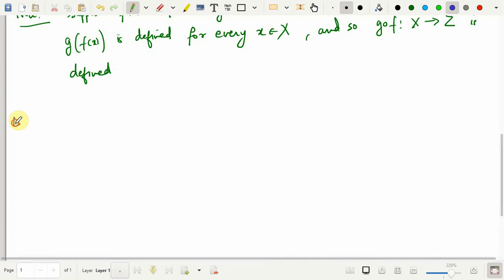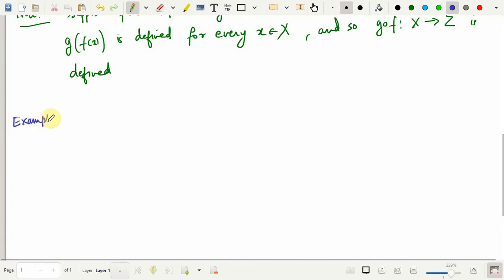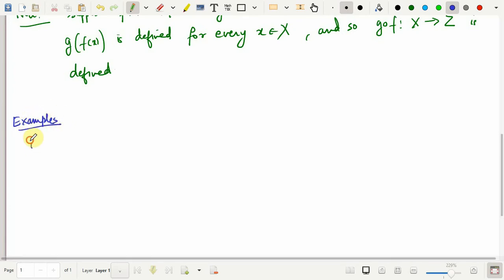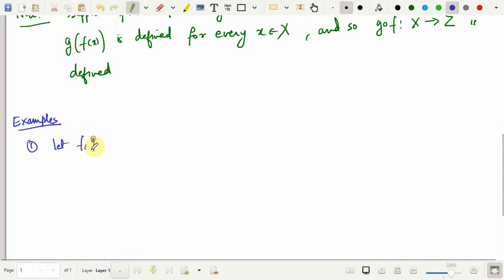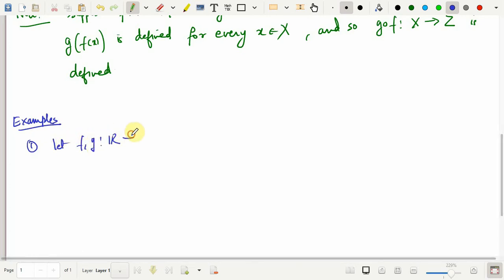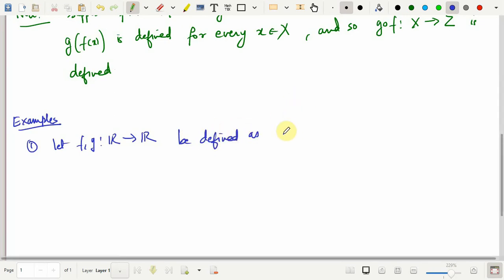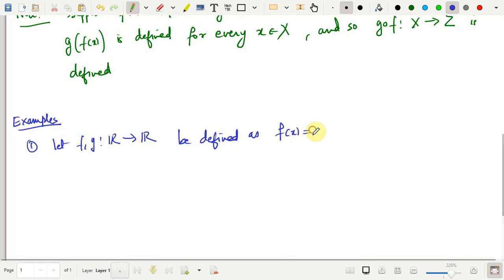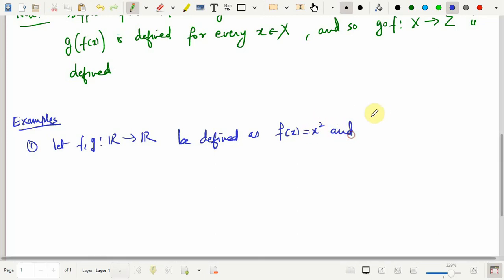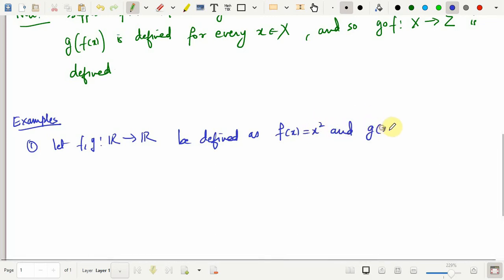Let's take some examples. First one: let f and g be functions defined from R to R, having the same domain as well as the codomain, and defined as f of x is equal to x square and g of x is equal to 3x plus 2.